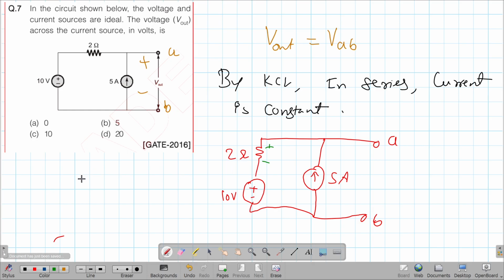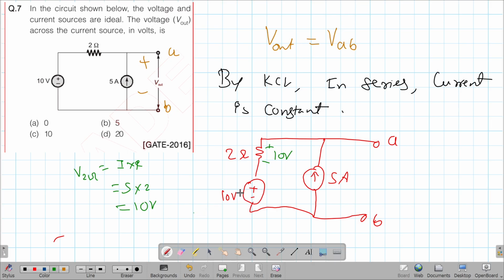Okay, so V 2 ohm equals to voltage across 2 ohm equals to current into resistance. Okay, current is 5 and voltage is 2, so 10 volt. So voltage drop is 10 volt.